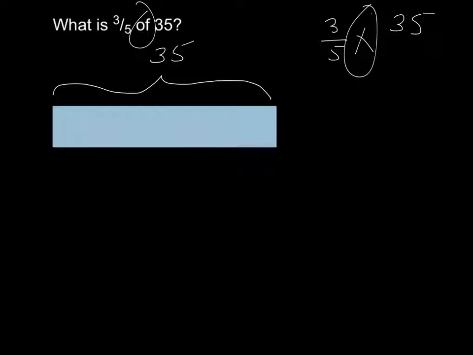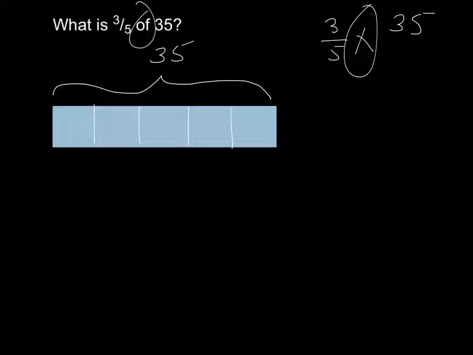So 35 is going to be our whole, and we have to find 3/5 of that, which means that we have to divide our whole into 5 pieces. And did you hear me say the word divide? That is exactly why when we're multiplying by a fraction, the rules are different, because fractions are really division problems.